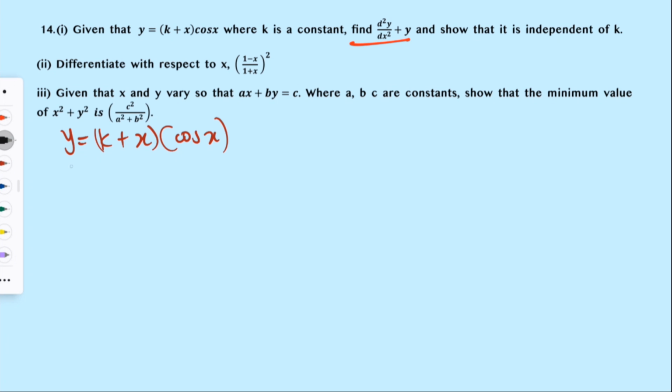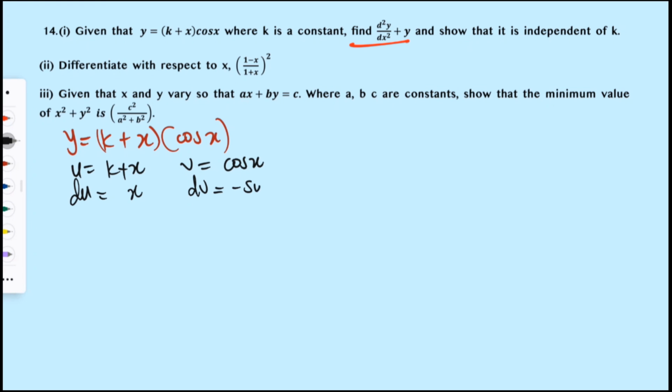I'm just going to let u be k plus x, v be cos x. Then I'm going to find each of the derivatives. So du by dx, I'm just going to write that as du, would be 1 because the derivative of k is 0, and then dv, the derivative of cos, is negative sine x.